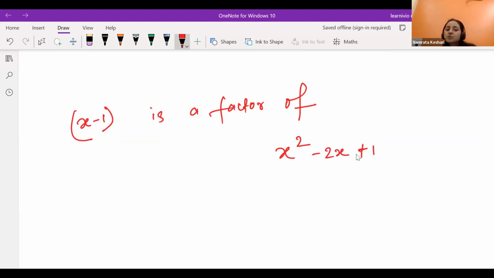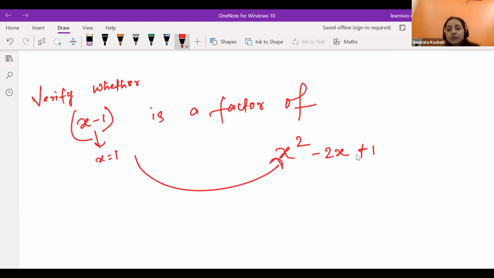Check, verify whether x minus 1 is a factor of this polynomial or not. Now, if directly I tell you to find the x value from here and substitute it over there, and then we will be able to say whether it's a factor or not, it will not make sense.